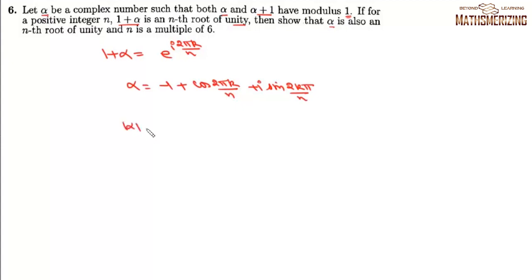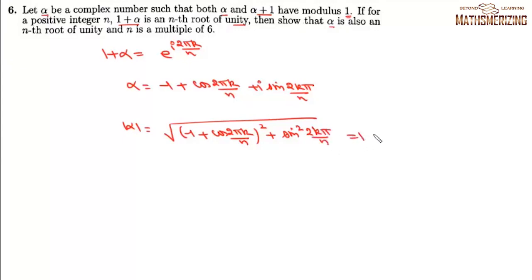So if we take mod alpha, it will be under root of minus 1 plus cos 2 pi k by n whole square plus sine square 2k pi by n, and it will be equal to 1. Now we square it, we can write 1 plus, now cos square theta plus sine square theta is also 1, and then it will be 2 cos 2k pi by n, and it will be equal to 1.